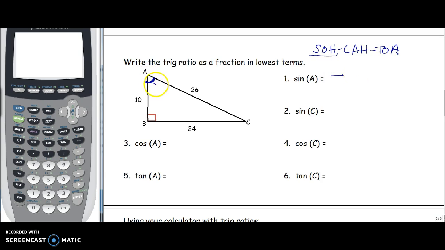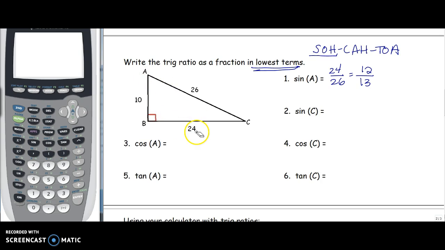So if we go from A, we go all the way across that triangle, our opposite value is 24. Our hypotenuse is the side across from the right angle. That one's really never going to change, which is 26. So it says write this in lowest terms, therefore we need to simplify. So if we simplify this, we're going to get 12 over 13.